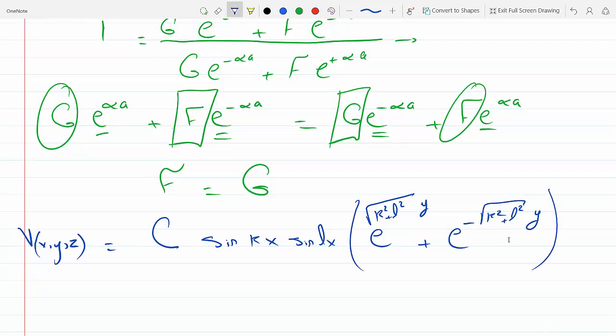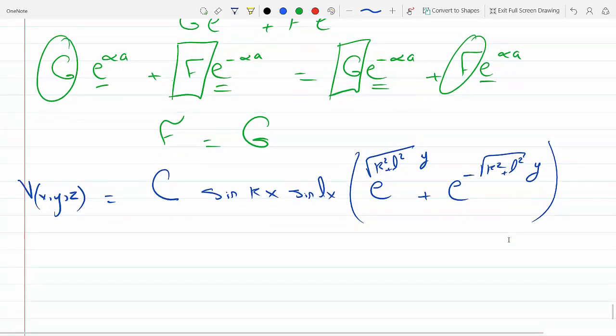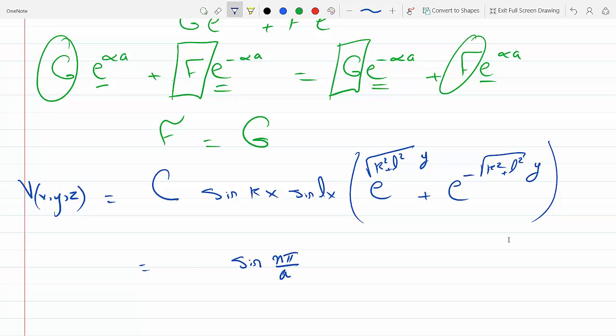Okay, now we're going to make the same exact argument we've made before. Buried inside of this, remember, k turned out to be n pi over a, and l turned out to be m pi over a, and there's an infinite number of these.